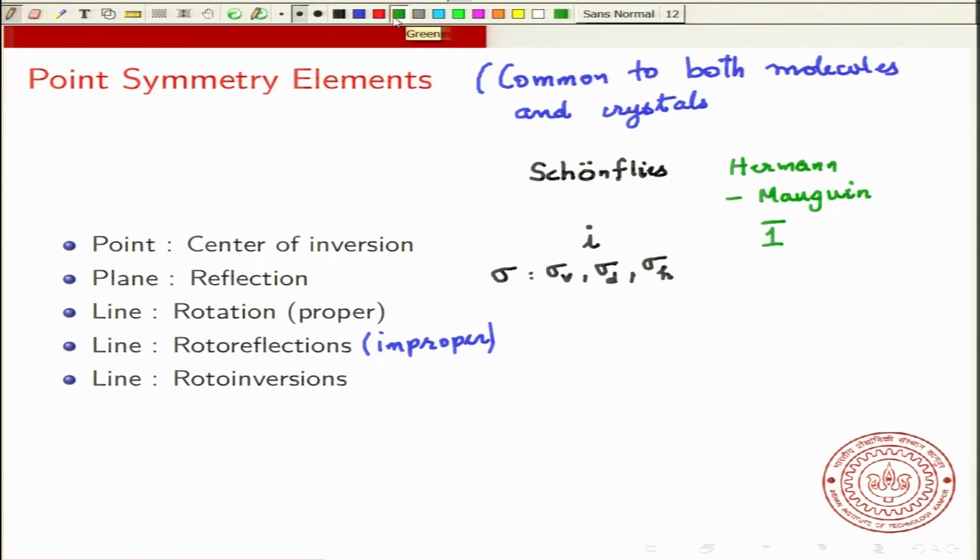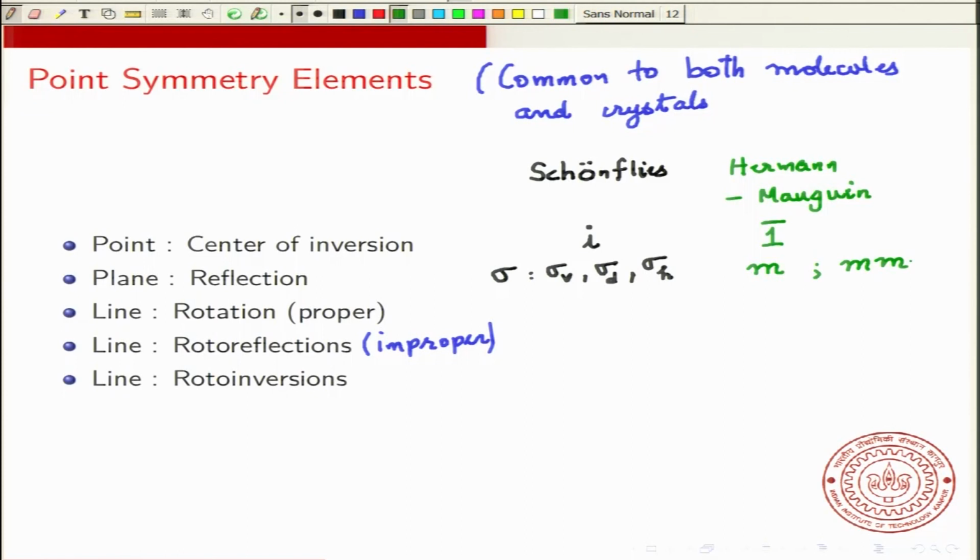Reflections in the Hermann-Mauguin notation are simply shown by the letter m. m stands for a mirror. If there are multiple mirror planes in a crystal, then you can use mm or mmm and so on.